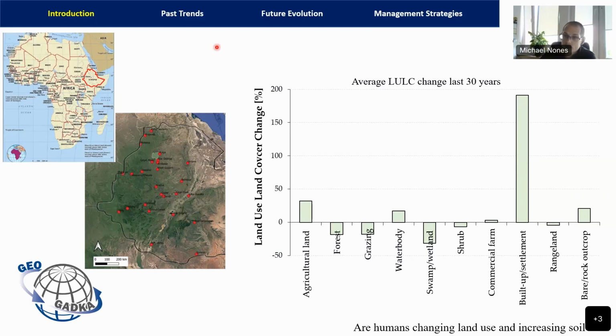And as you can see in this graph, in the last 30 years, there's an increase in areas covered by agricultural fields and a huge increase of areas covered by villages. That's because Ethiopia has an increasing population.